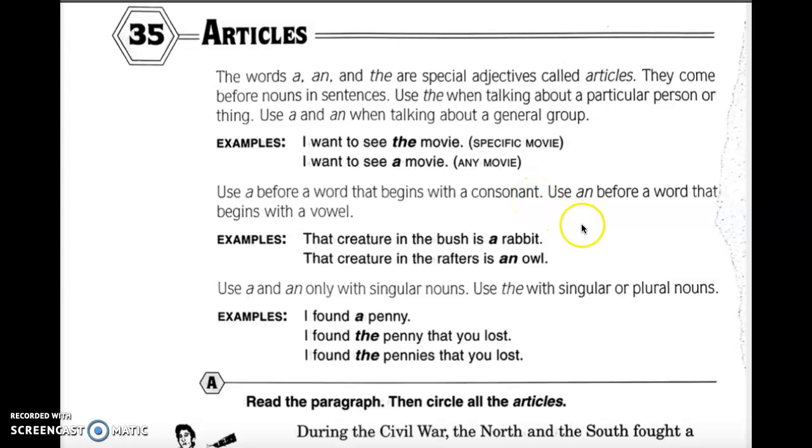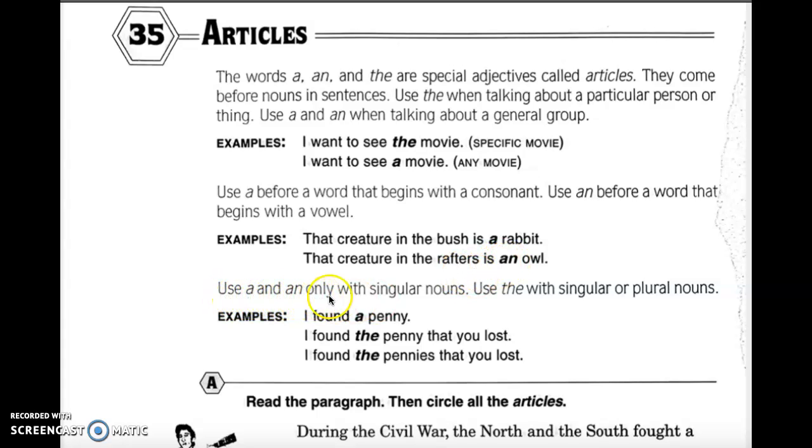Because it's not a vowel, in that case we do use the letter A as our article for rabbit. The next one, that creature in the rafters is an owl. In this case, the word owl starts with the letter O, which is a vowel. So in that case, we'd absolutely use the word an.